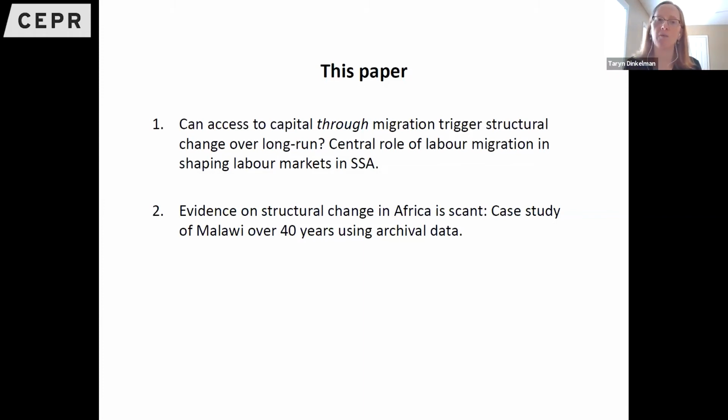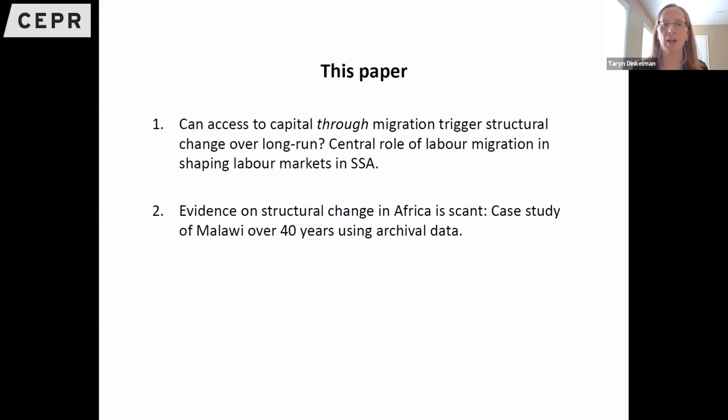An important part of what we're going to look at in this paper is not just the labor migration, but the capital accumulation that is facilitated through this movement of labor across space. We're going to try and highlight the central role of labor migration in shaping labor markets in a number of countries in sub-Saharan Africa. And we'll come back and show you a picture that hopefully will intrigue you about this particular aspect of work on the continent.